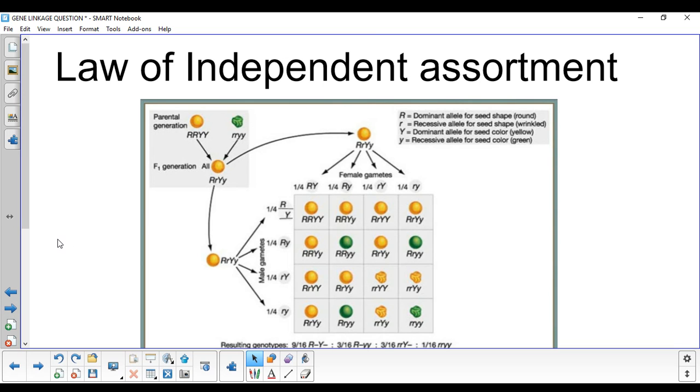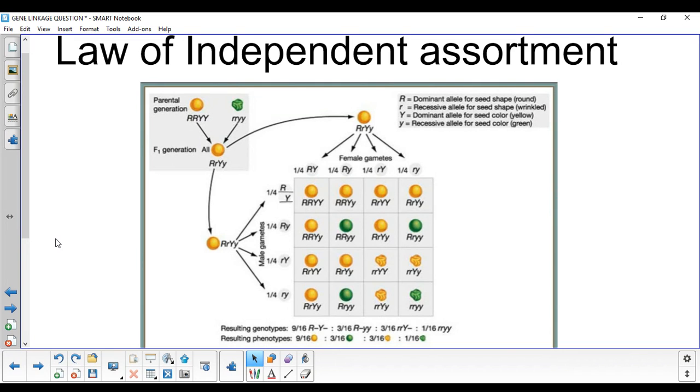Mendel's law of independent assortment means that if you have parents that are heterozygous for two different traits, each trait is inherited independently of the other.